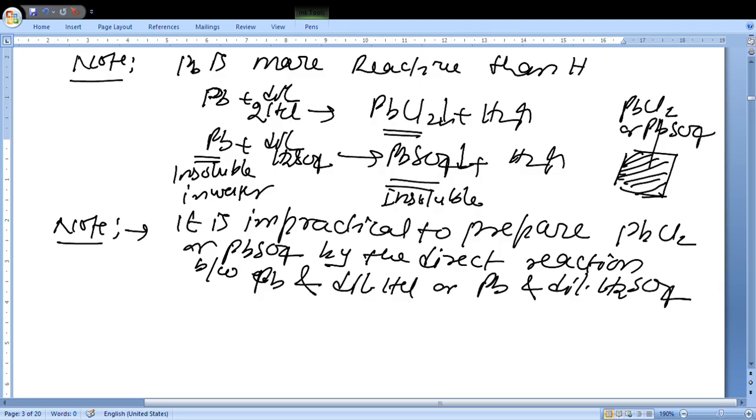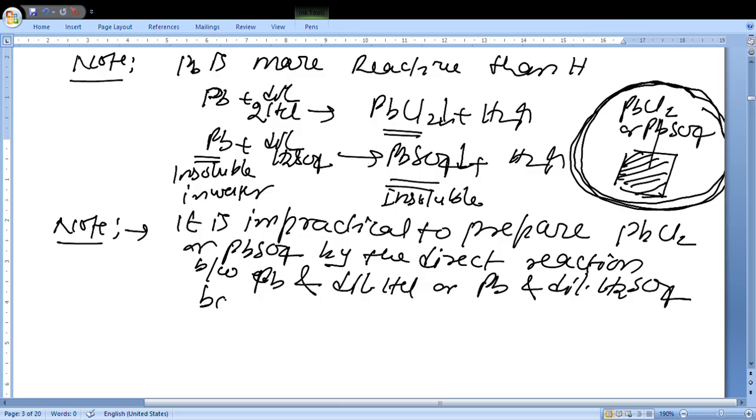So why is it? Now you have come to know why I am saying that it is impractical, that we should not prepare by the direct reaction of Pb and dilute HCl or Pb and dilute H2SO4.